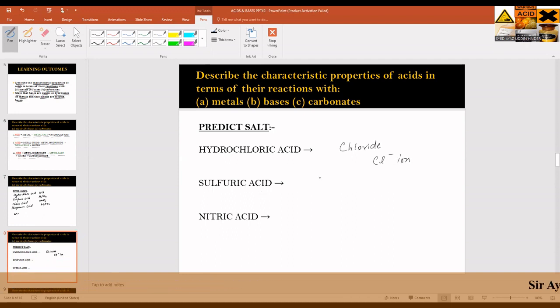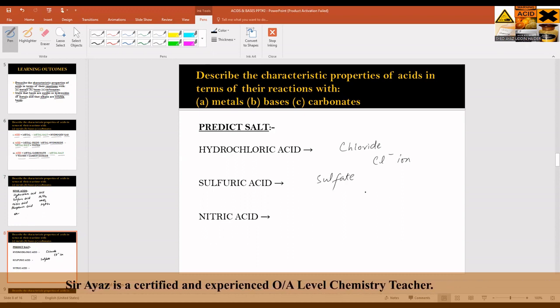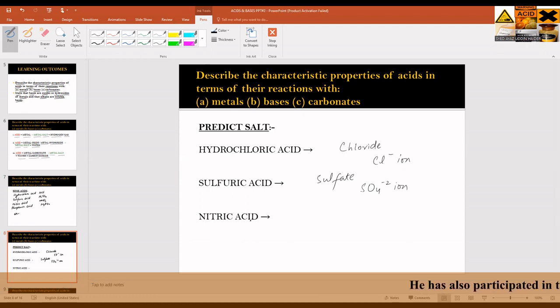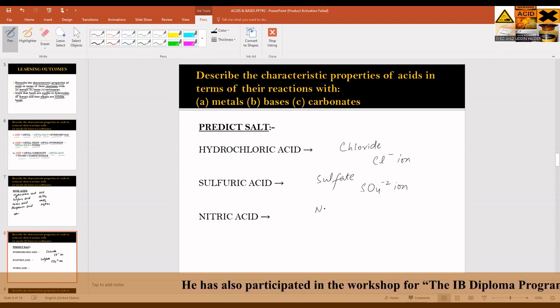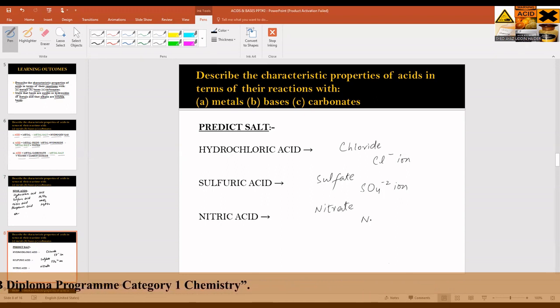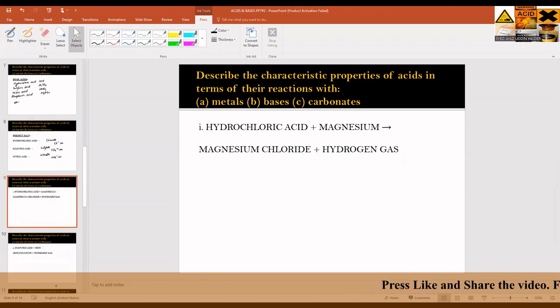In the case of sulfuric acid, the salt will be sulfate, which means the salt must contain the SO4 minus 2 ion. Similarly, for nitric acid, you will get the nitrate salt, and the salt must contain the nitrate ion in the formula.